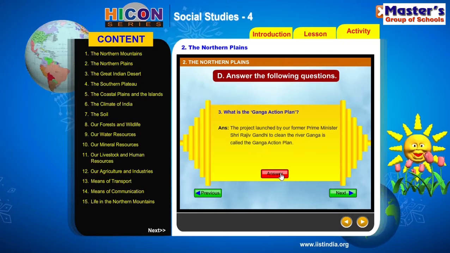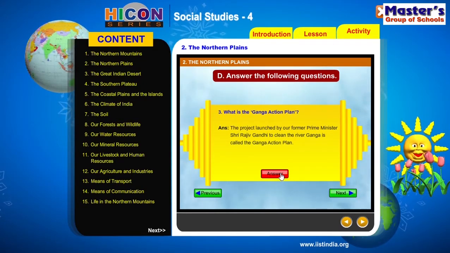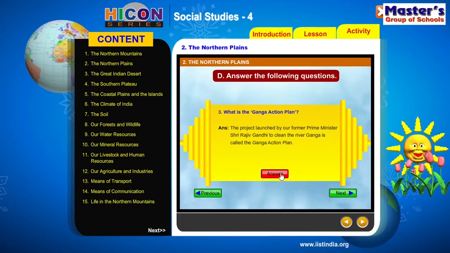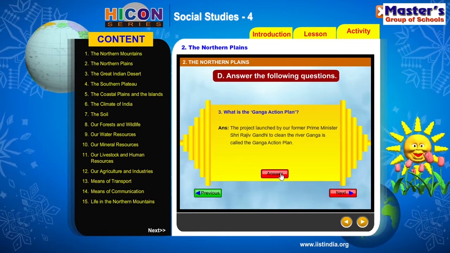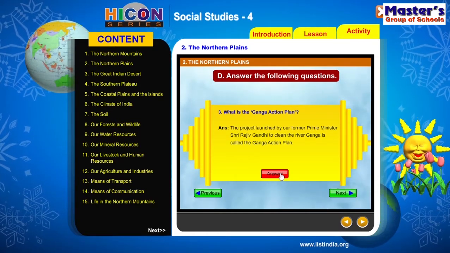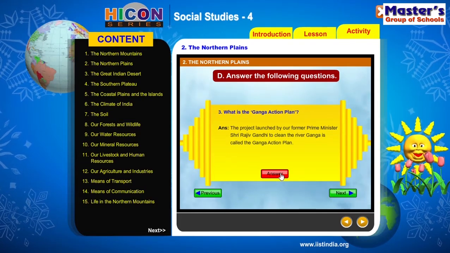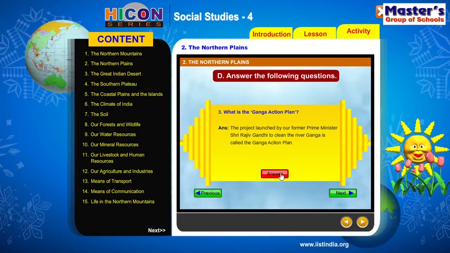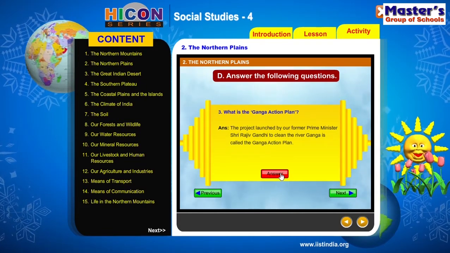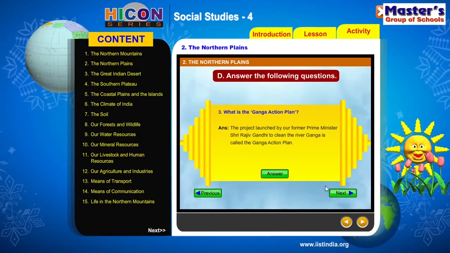It was a plan initiated to clean the river Ganga of all its polluting components. Now, the next question.